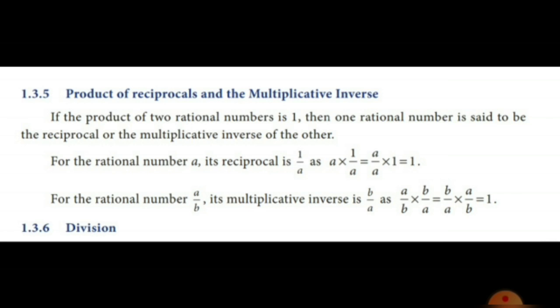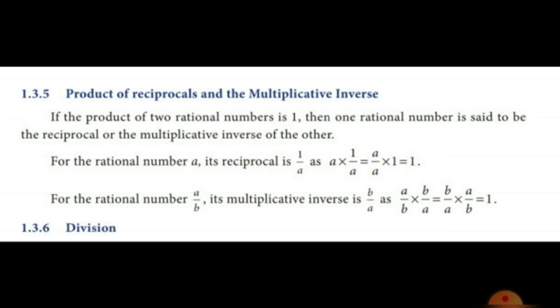So a into 1 is a, so a by a, the a's cancel, that is equal to 1. So the product of a number and its reciprocal is 1. Then the two numbers are said to be multiplicative inverses of each other.